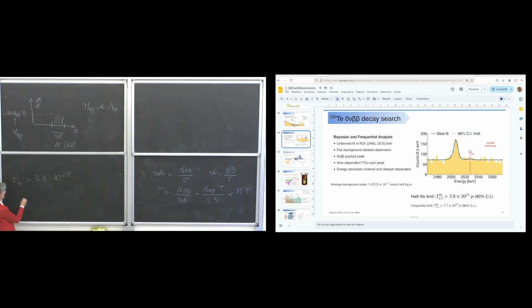And the sensitivity, I don't remember the sensitivity in this case, but in the paper it is written. The sensitivity is... and do you know why it is important? What is the difference between my result and my sensitivity?